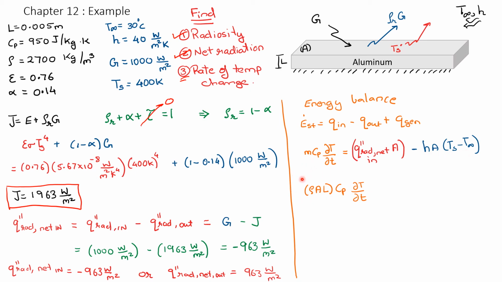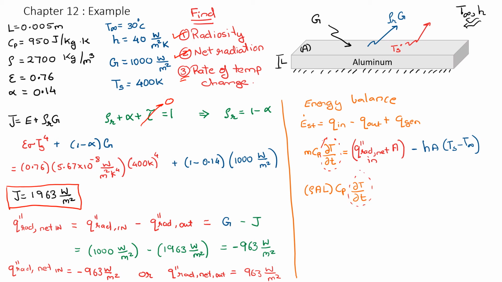Now let's write down our mass as density into volume. So rho is the density of aluminium, and we can write down volume as area into the thickness. So rho into A into L will give us the mass of aluminium, times the specific heat times dT by dt, and this is the term that we are after in this particular problem.